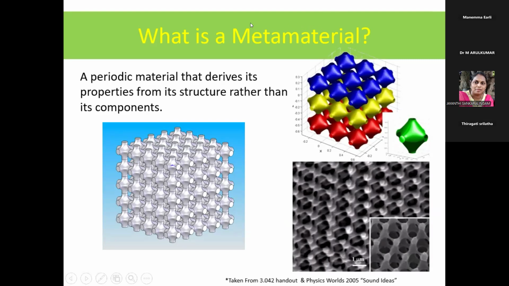But now we are going to modify the properties of the material, by which we call it a metamaterial. Whatever properties exist for that material, you change them in different ways which cannot exist in nature, by using a different sort of arrangement of the material. That is a metamaterial. As I mentioned, this can be applied in different domains, but the domain I am presenting here concerns the electrical parameters.